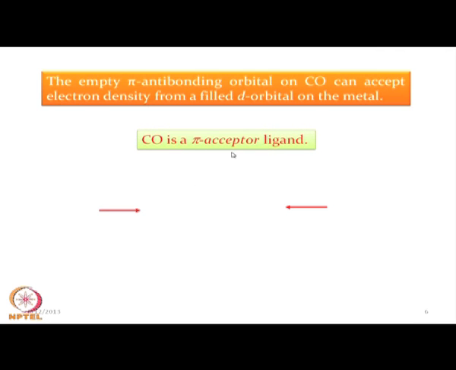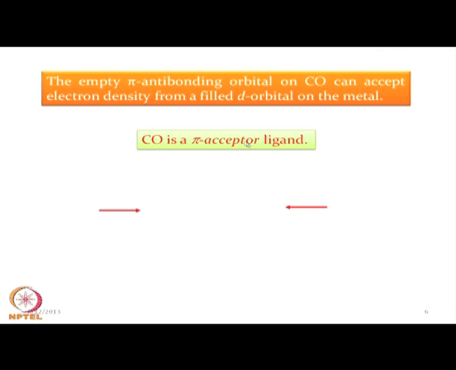Therefore, this carbon monoxide molecule is a well known and well accepted pi acceptor ligand. Whenever we write carbon monoxide as a good pi acceptor ligand, we have to justify that within the spectrochemical series, carbon monoxide is the strongest possible ligand among the 12 or 15 or 20 ligands we have arranged so far.